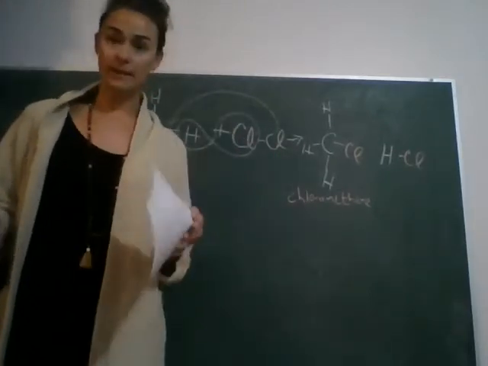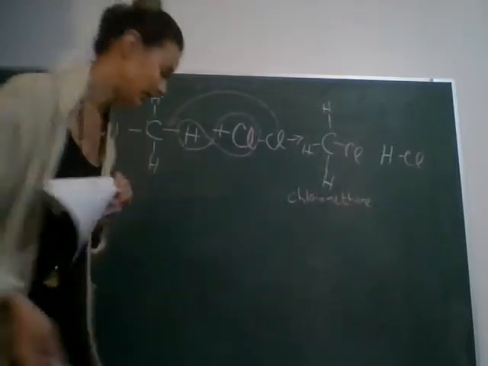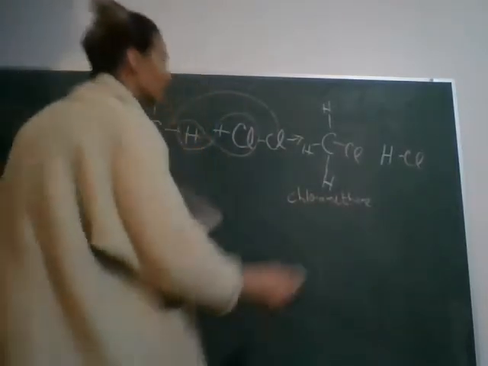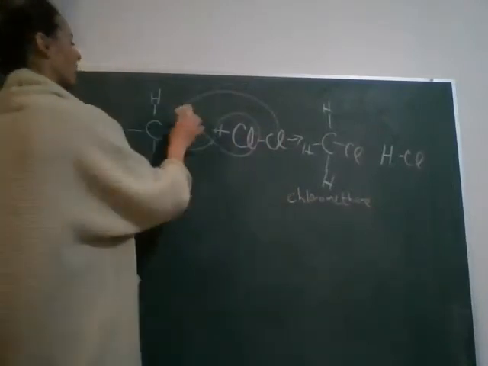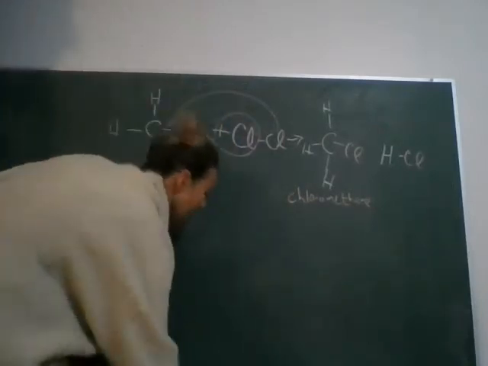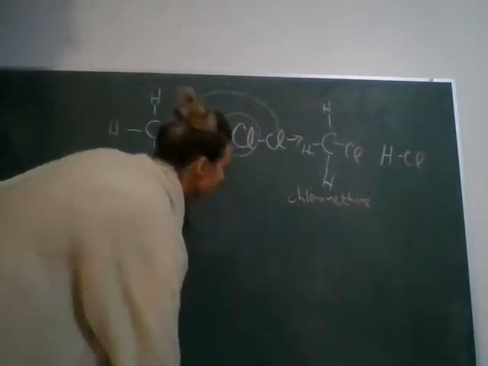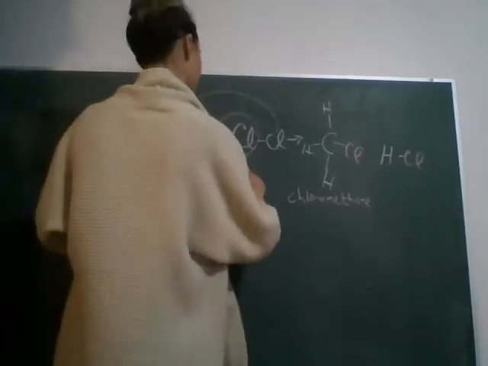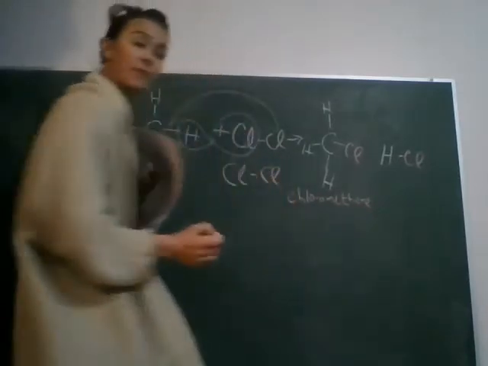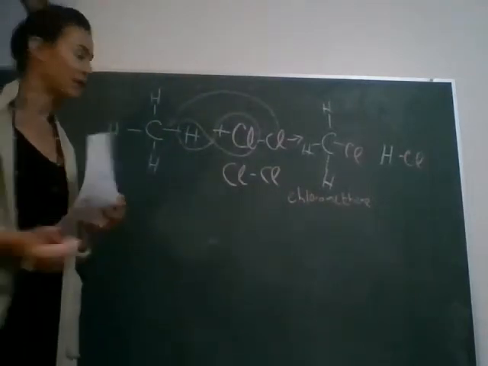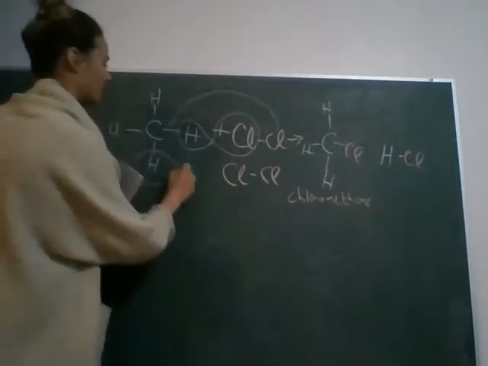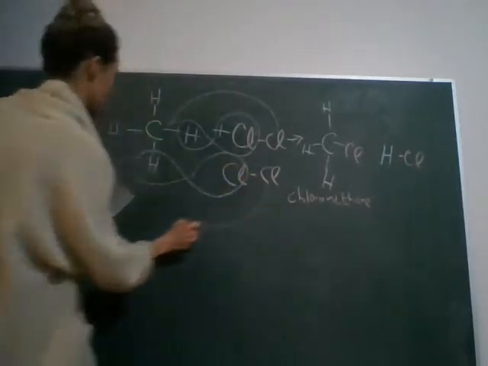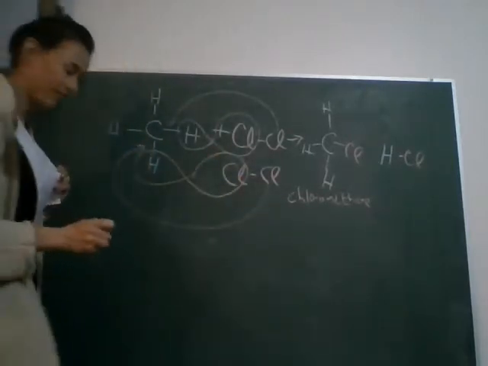Now, let's say we have an excess of chlorine. This is our first reaction. If we had another chlorine coming in here, it's now going to find another hydrogen and do the exact same substitution.